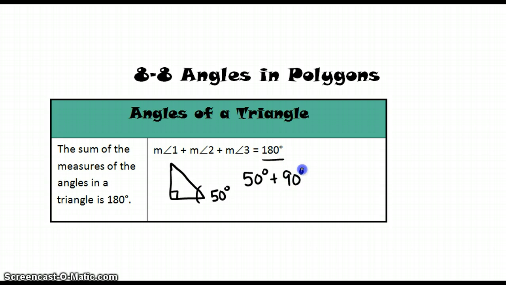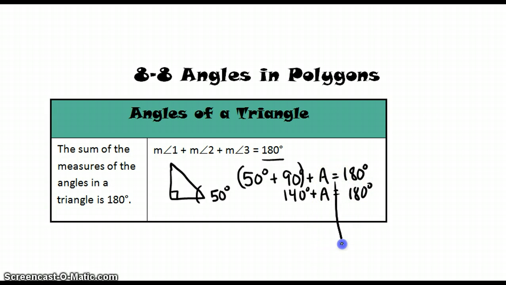So we know there's a 90-degree angle plus some unknown angle, I'm going to call it A, will equal 180 degrees. So to use our order of operations, we're going to solve for A. 50 plus 90 is 140, plus A will get us 180 degrees.